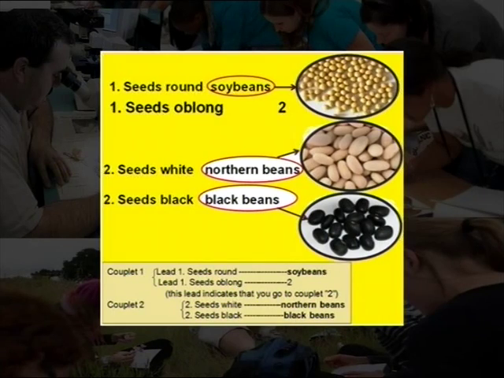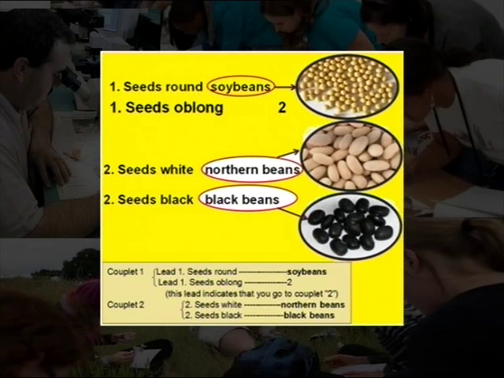The use of the key begins with the first couplet and select the statement that best fits the specimen to be identified. The leads typically begin with broad characteristics and become narrower as more choices are required, ultimately providing the identity of the specimen. For example, couplet 1 has two leads.